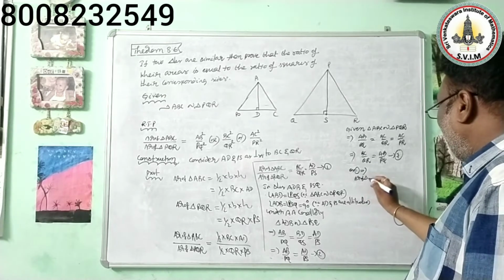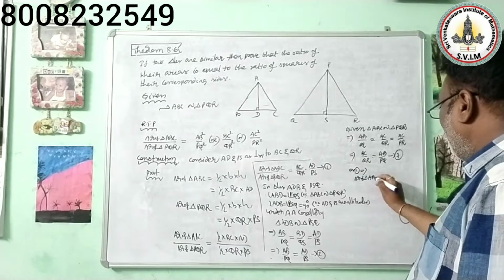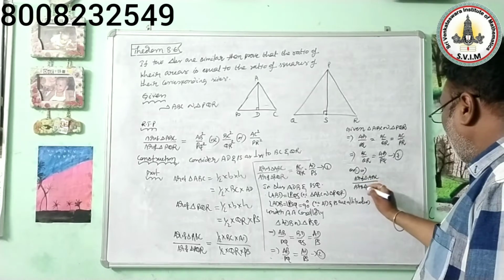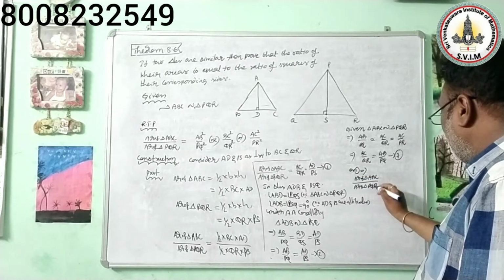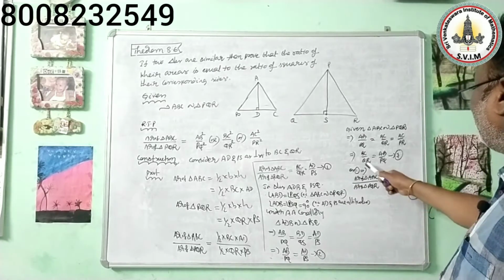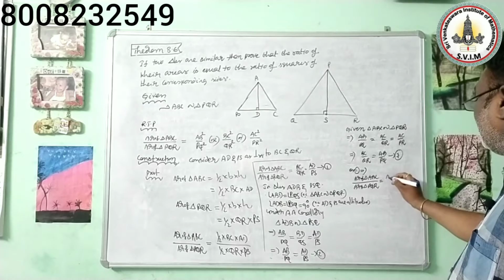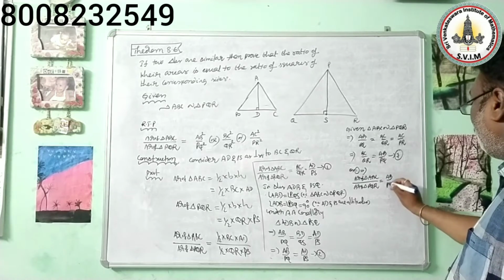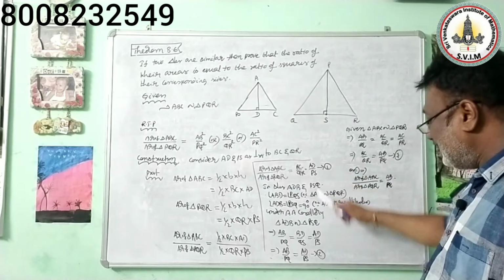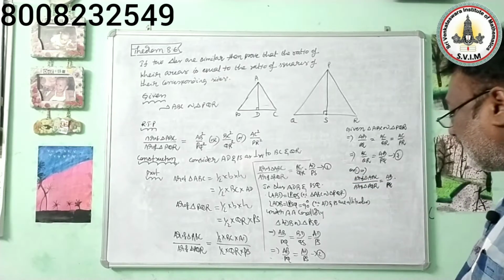Area of triangle ABC by area of triangle PQR is equal to, BC by QR is equal to, for what? AB by PQ, into AD by PS is equal to, from 2, for what?